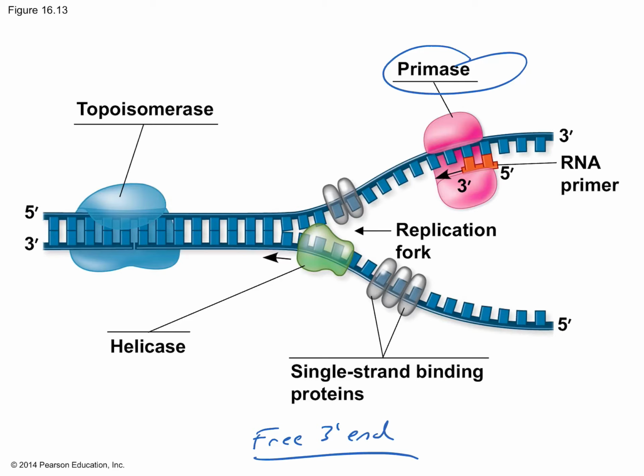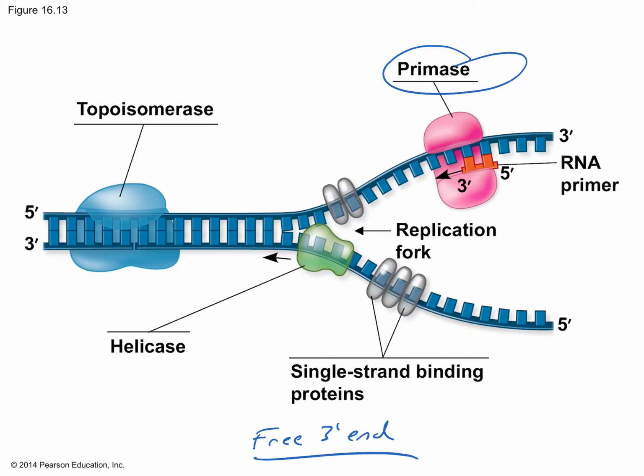A free 3' end. That is very important because the enzyme that actually is going to build the complementary daughter strand onto this parent strand, which is called DNA polymerase, we'll see that in a minute, can't just sit down any old place on that parent strand. It has to have a starting point. It has to have a free 3' end that you see right there, and that's what the primer gives it. The primer gives it a starting place.